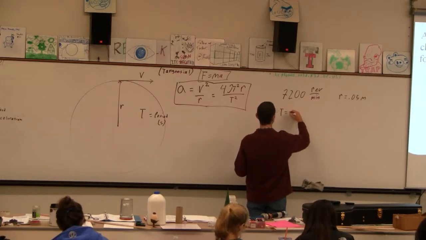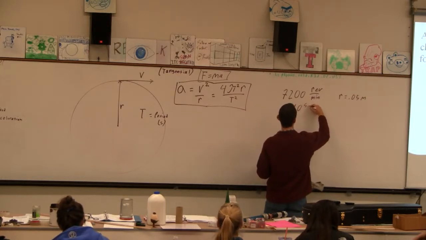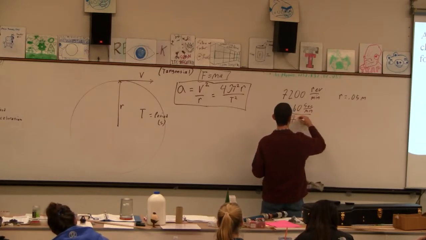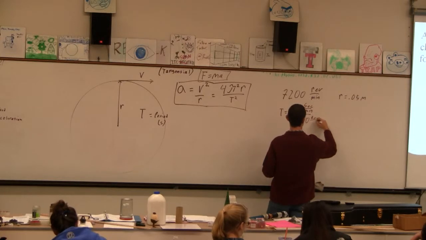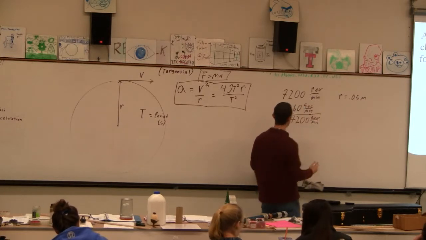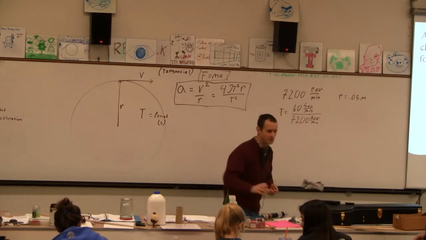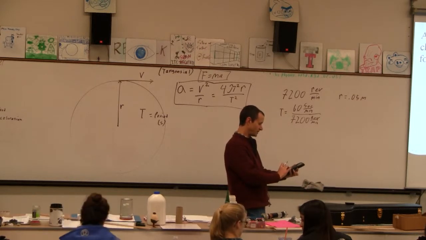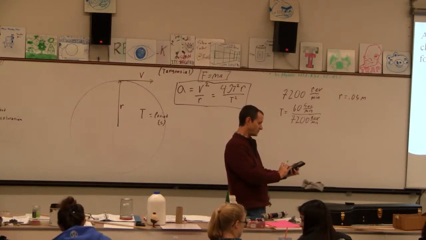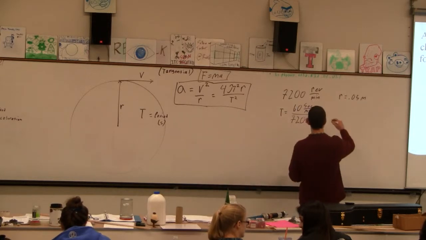The period is 60 seconds that are in a minute divided by the 7,200 revolutions that you divided it into. Okay? So if you divide that out, you get a period of 60 divided by 7,200. The period is actually really, really small.